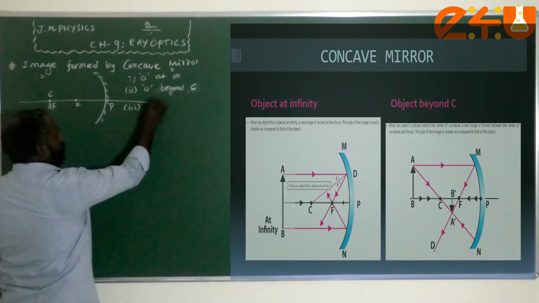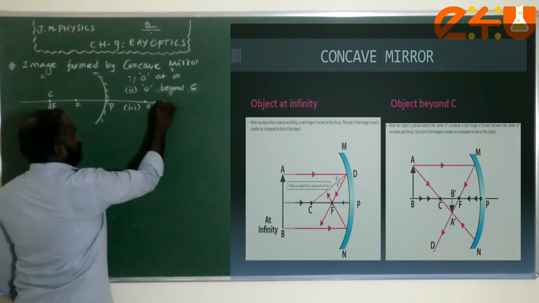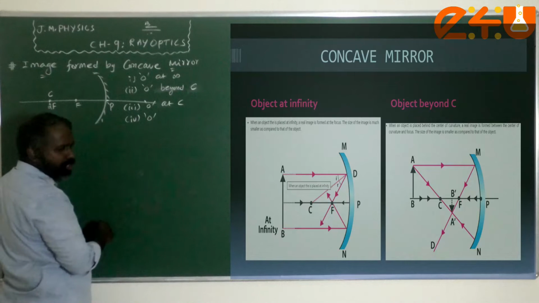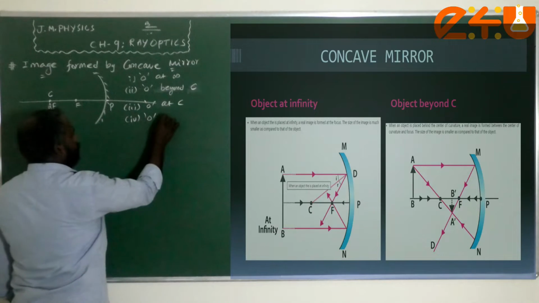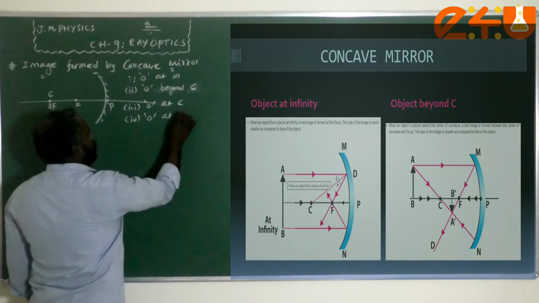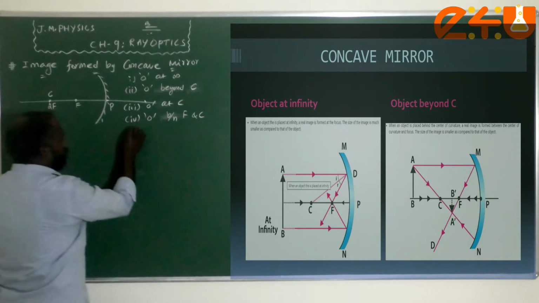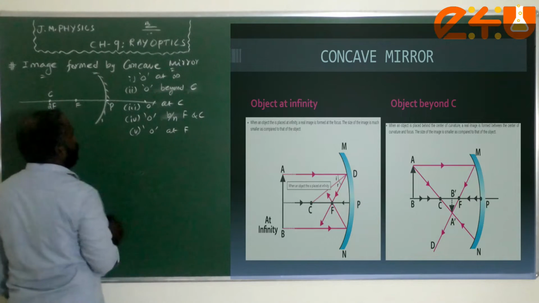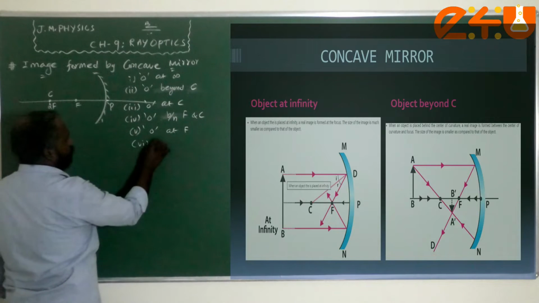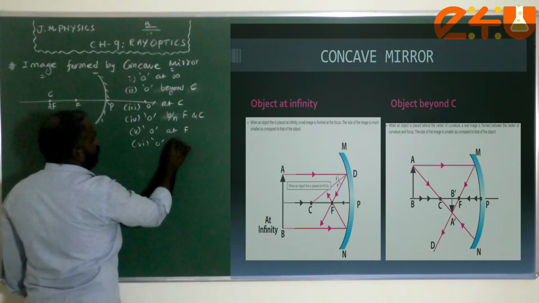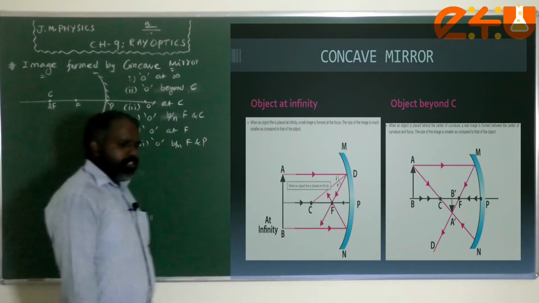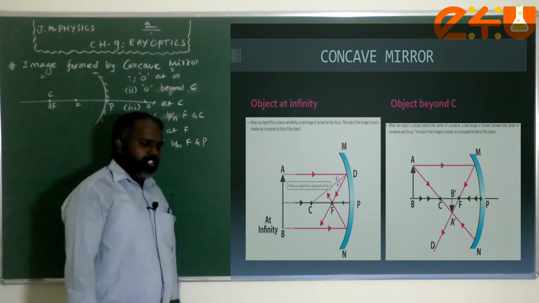The third one is object at C. The fourth possible position is object between F and C. The fifth position is object at F, and the last one, the sixth, is object between F and P. So these are the possible positions of the object.